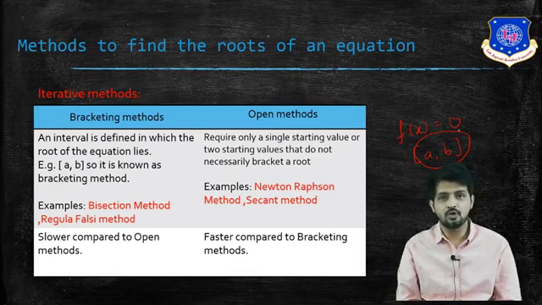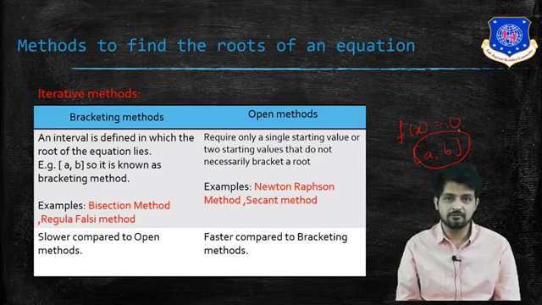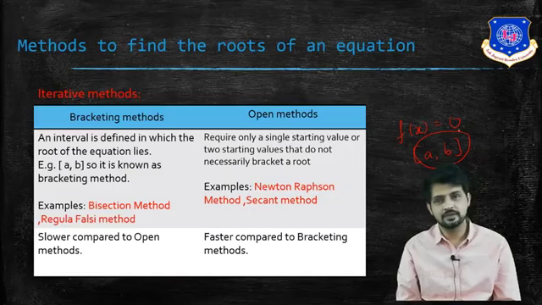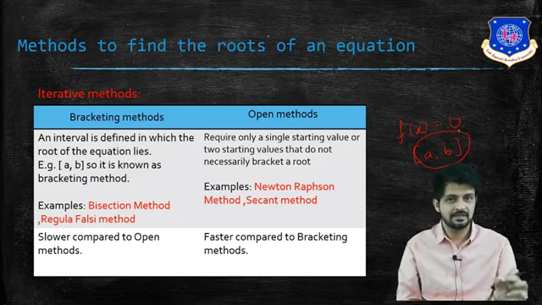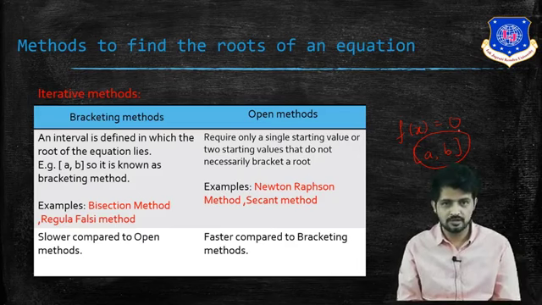method we do not require any type of interval, we only require one or two initial guesses. On the basis of the given equation, we have to guess that the root of the equation will be this. So the initial guess is there, and on the basis of the initial guess we have to find the solution. This is known as the open method because we are not defining the interval, right?